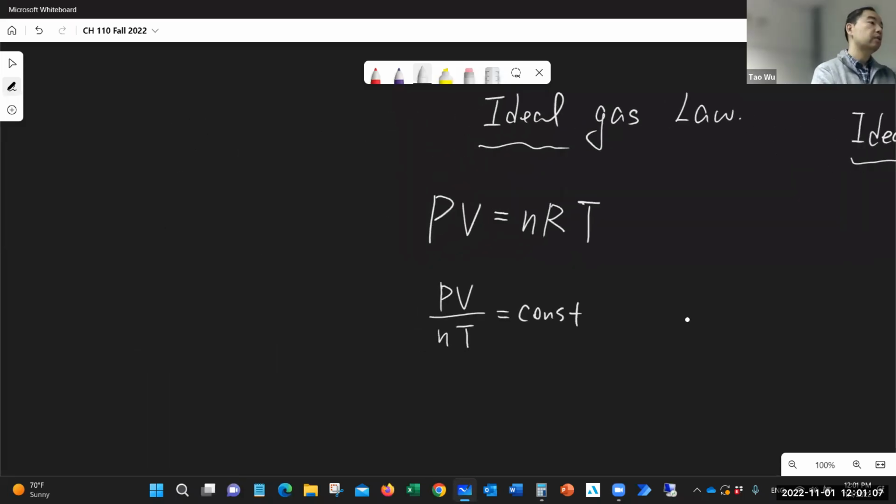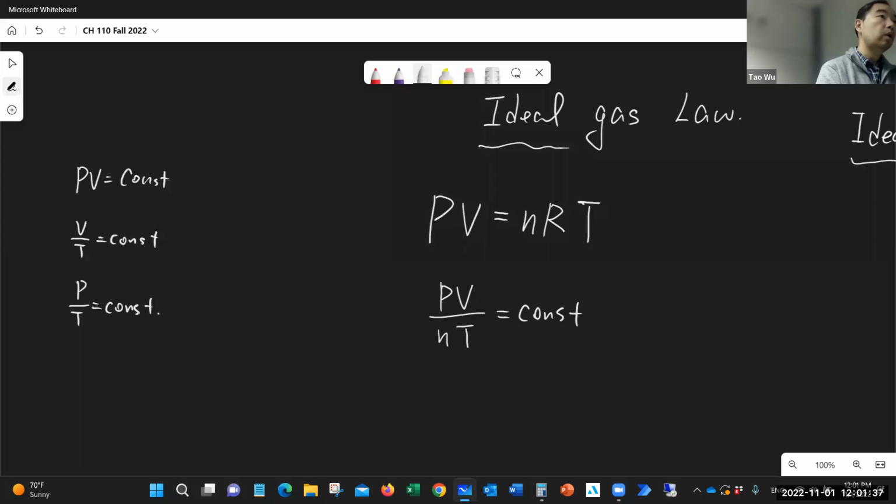Again, let's go through them a little bit. The first one is Boyle's law: P times V equals a constant. The second one is Charles' law: V over T equals a constant. The next one is Gay-Lussac's law: P over T equals a constant.